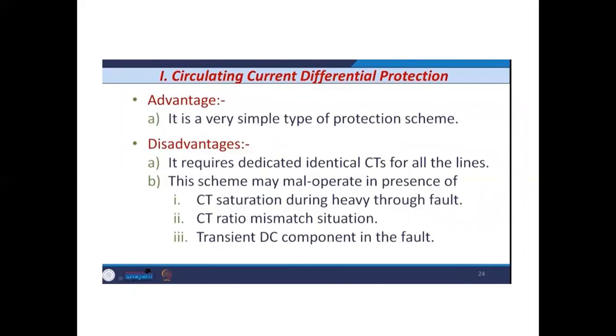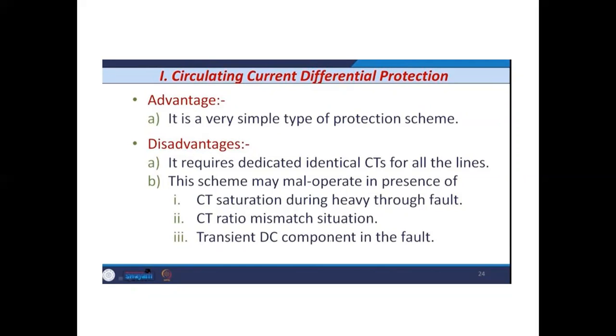The advantage of the circulating current differential protection scheme is that it is a very simple scheme. This is the only advantage of this type of protection scheme, and there are many disadvantages. This type of scheme requires dedicated CTs for all the lines connected to the bus.